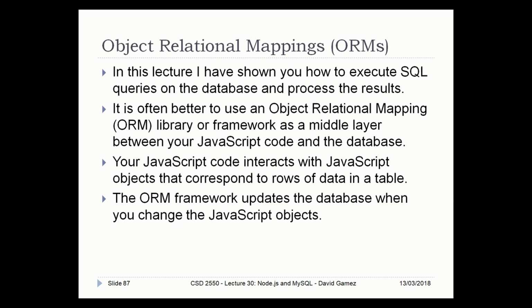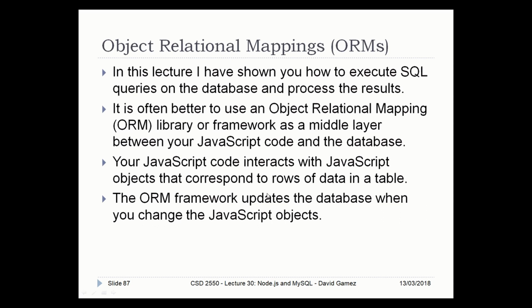Within Java, there's a very popular framework called Hibernate, which uses Java objects as a middle layer between the database and the actual code that uses that data. And the same thing exists within JavaScript. An object relational mapping will map the rows in the table onto JavaScript objects, so you can access the data in the table by accessing the JavaScript objects, and if you change these JavaScript objects, behind the scenes the framework will update the data in the database.